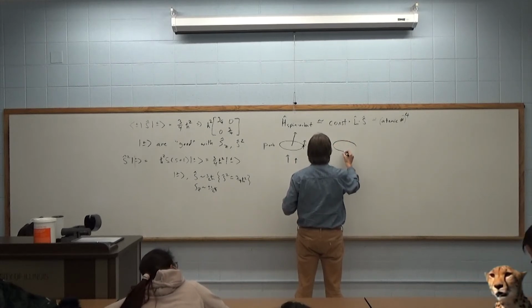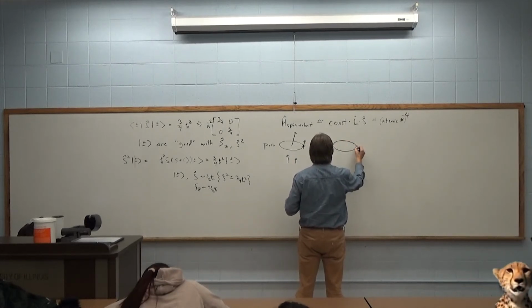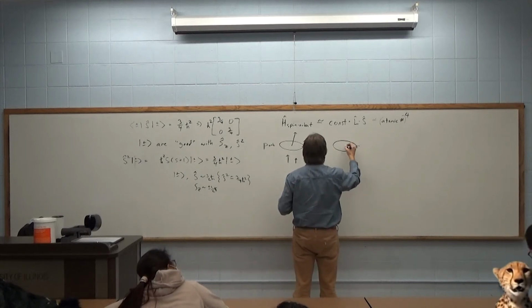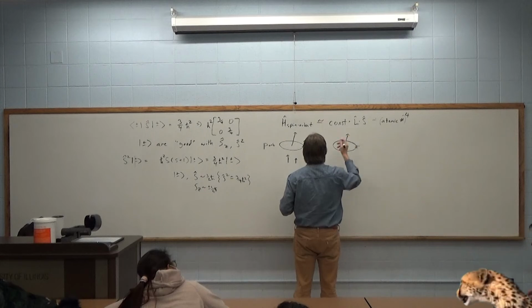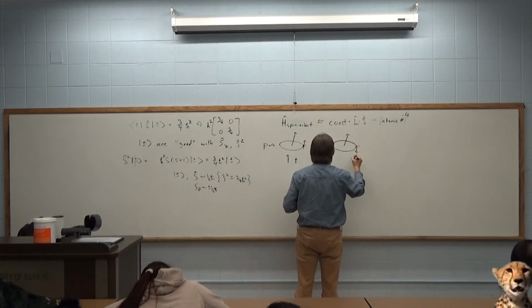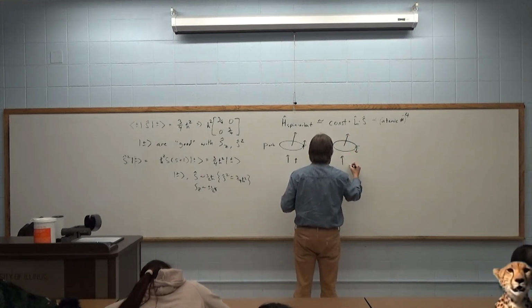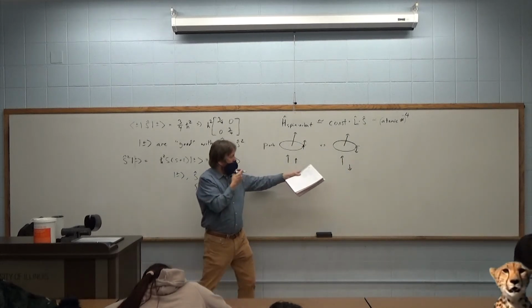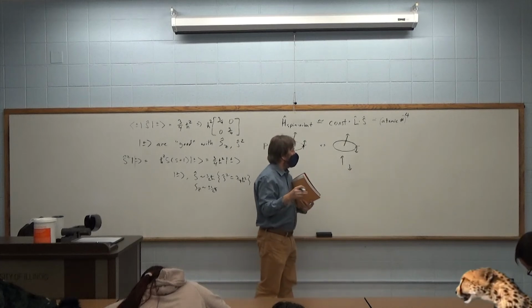Let's say this is plus, like 2p with m = plus 1. So I'm going to draw that the same way. But what I could have done is draw the electron spinning instead clockwise, counterclockwise, or vice versa, whichever one it is.